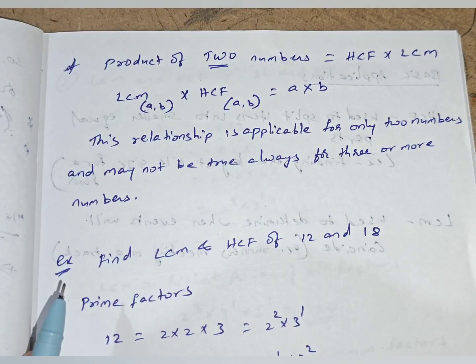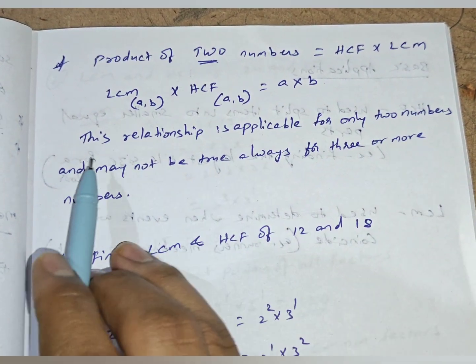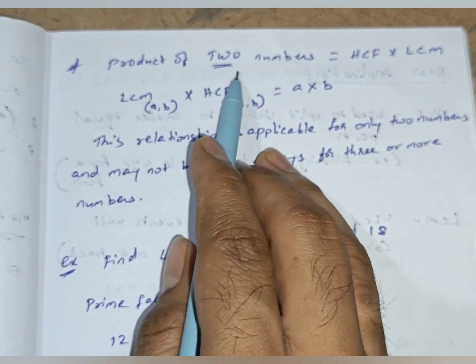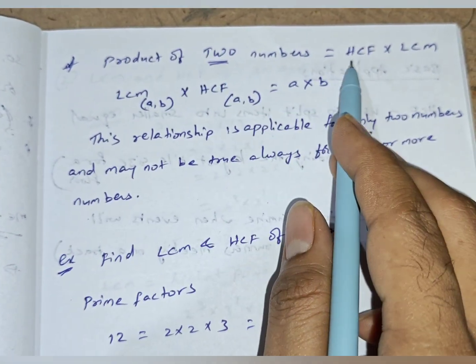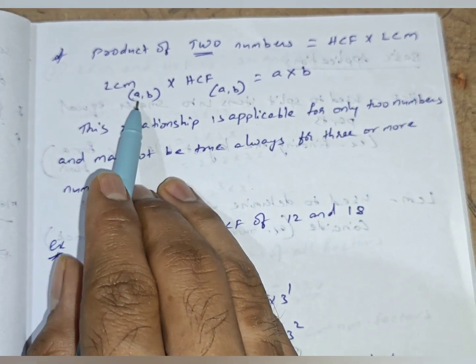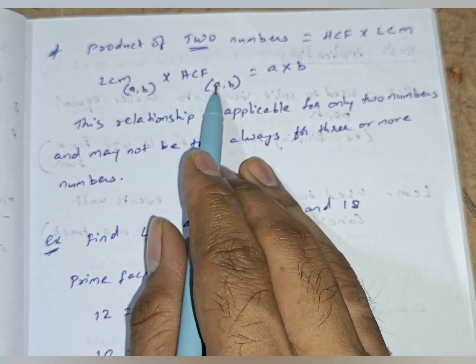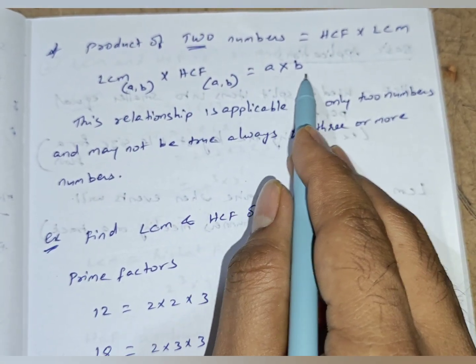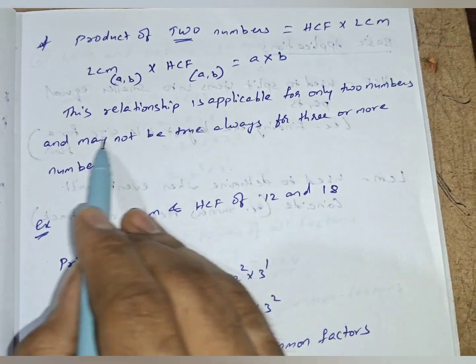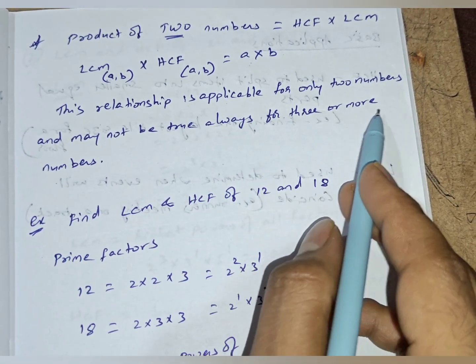And a very useful point for competitive exams is that the product of two numbers, only two numbers, is the HCF and LCM multiplied together. That is, LCM of A, B into HCF of A, B is equal to A into B. This relationship is applicable for only two numbers and may not be true for three or more numbers.